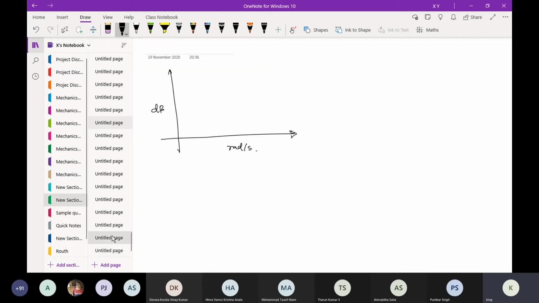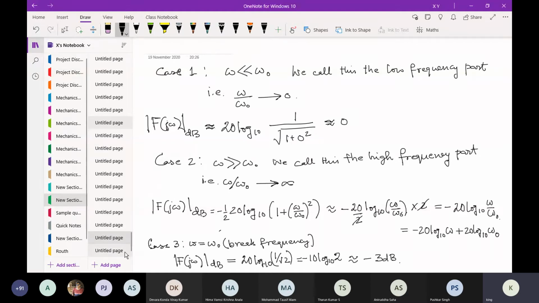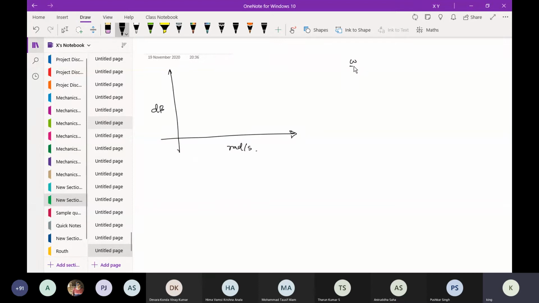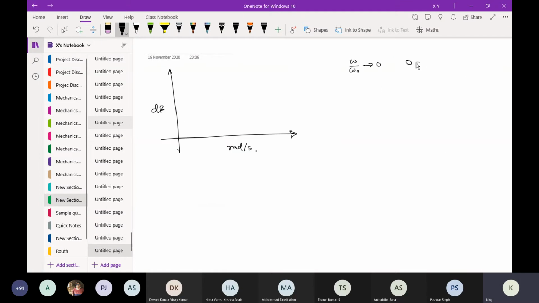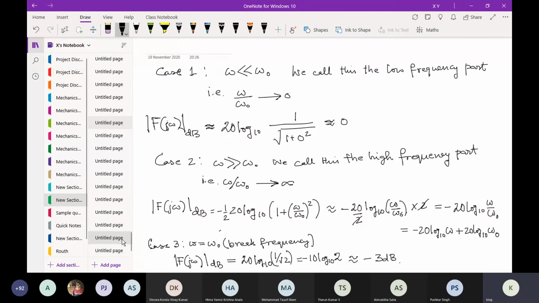And our expressions are, tending to 0, we have 0, and we have minus 20 log 10 or 20 log 10 omega 0 by omega.